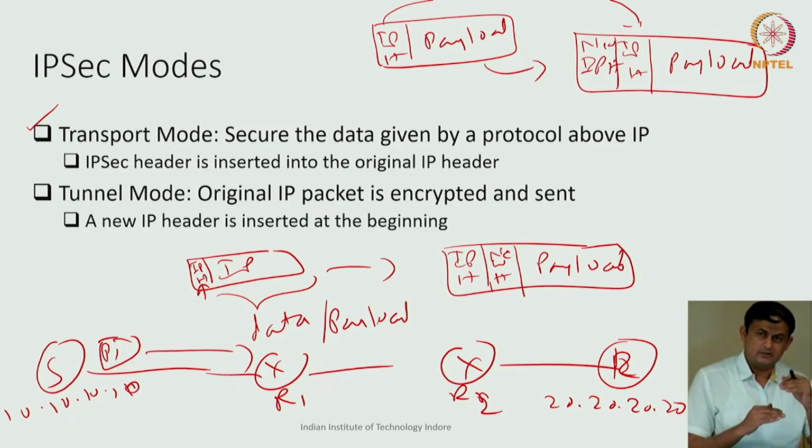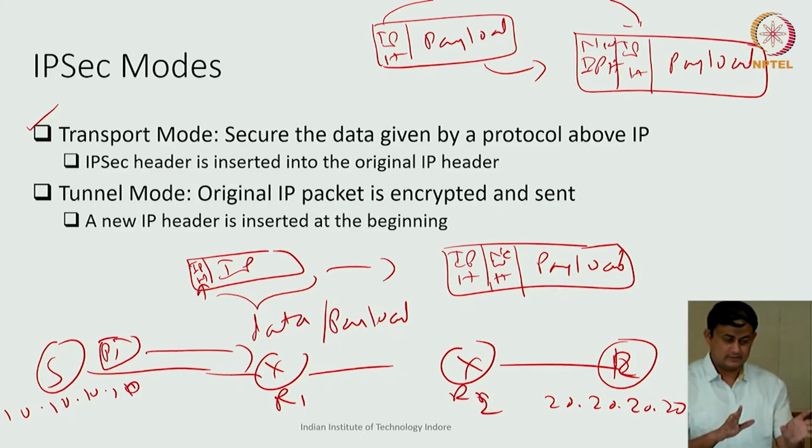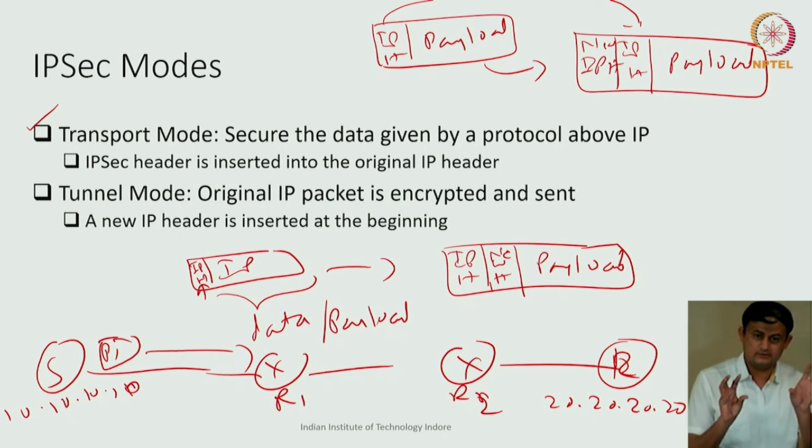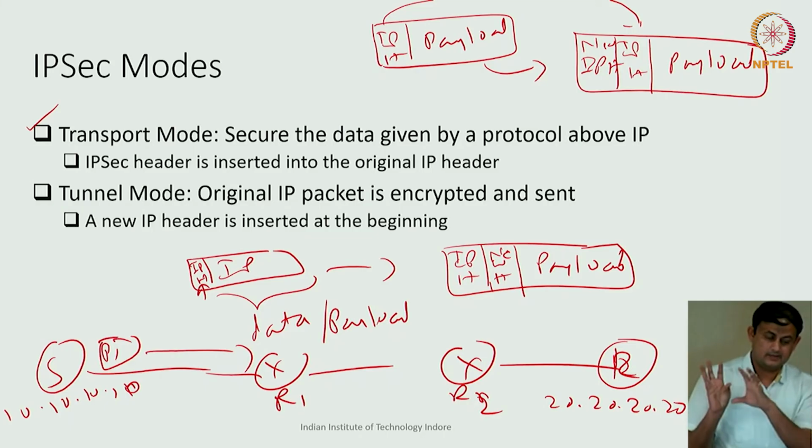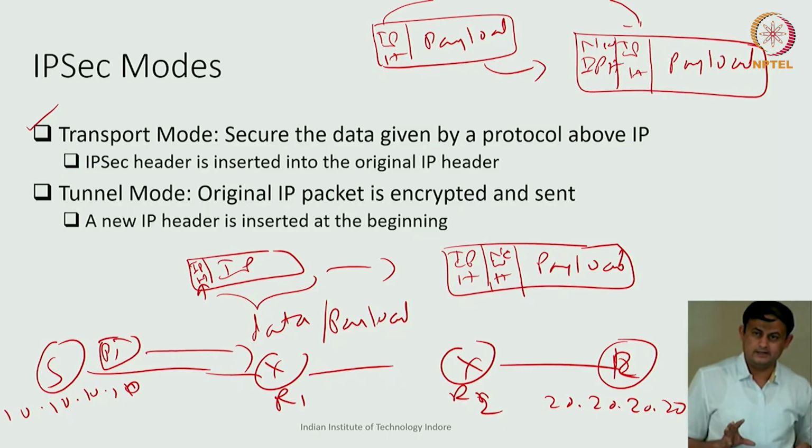It's not only the new IP header, there is another additional field that comes with this one. For the time being, let's say there is the existing IP header that came in the original IP packet, and then a new outer IP header is created.